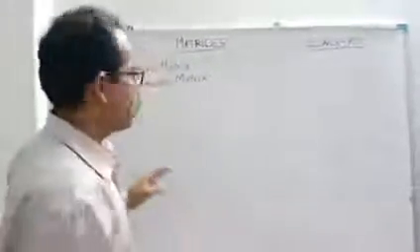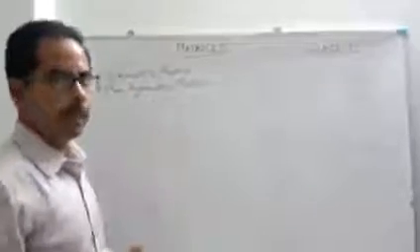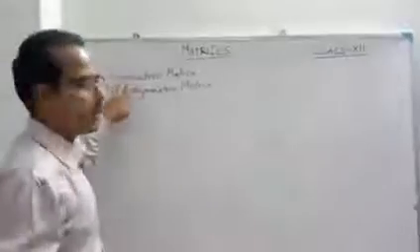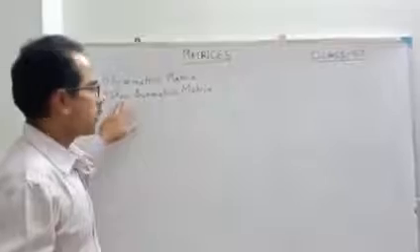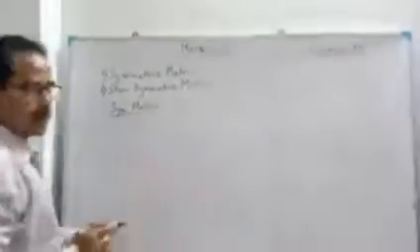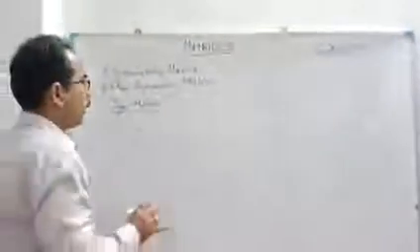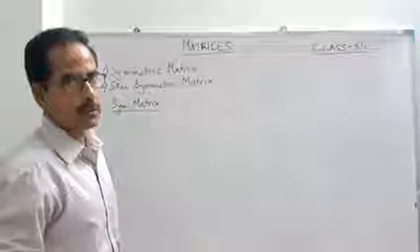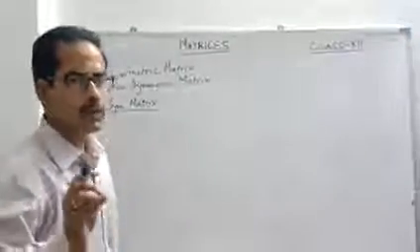Okay students, after the transpose of a matrix, we will discuss two very important topics, that is the symmetric matrix and the skew symmetric matrix. First of all, the symmetric matrix. What is actually the meaning of a symmetric matrix? Make it very clear that every symmetric or skew symmetric matrix should be a square matrix.